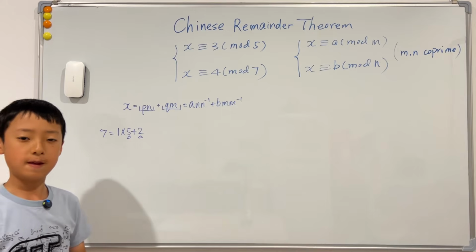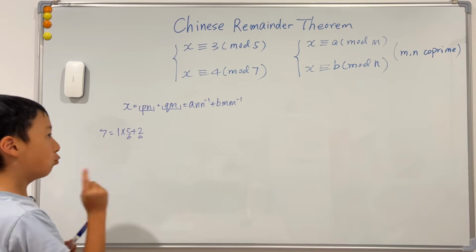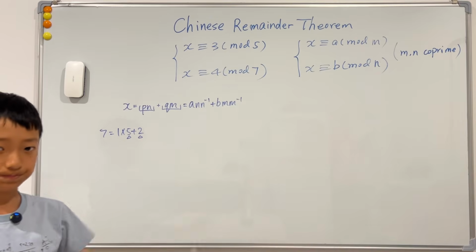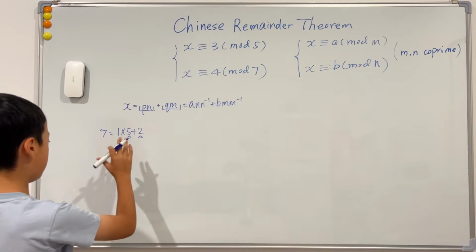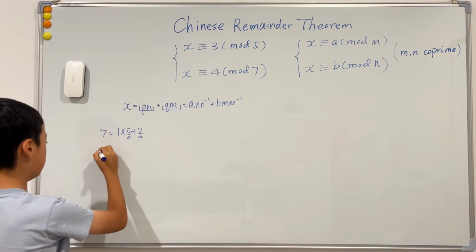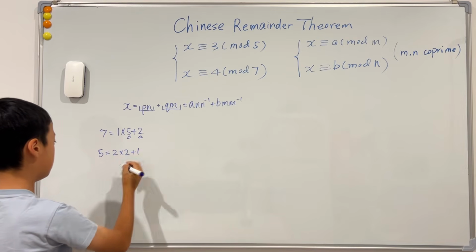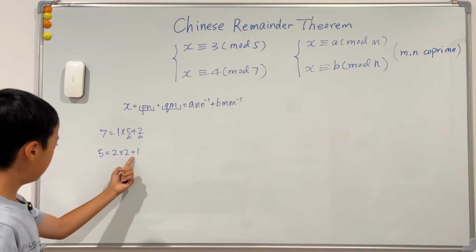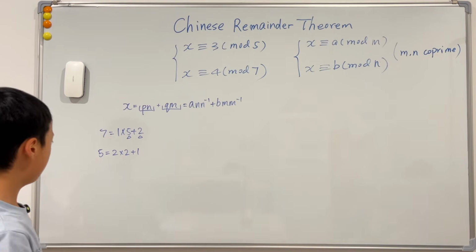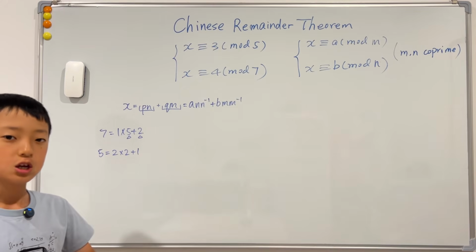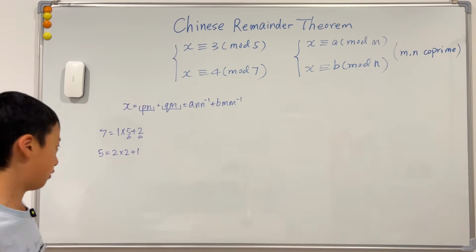No. And just a little note, when we see a 1, we have to stop and not 0 because m and n are coprime. So now, anyways, we have to keep continuing. So 5 will be 2 times 2 plus 1. Quotient, remainder. Wow, we have a 1. So we stop there. And now we go backwards using the extended Euclid's algorithm.